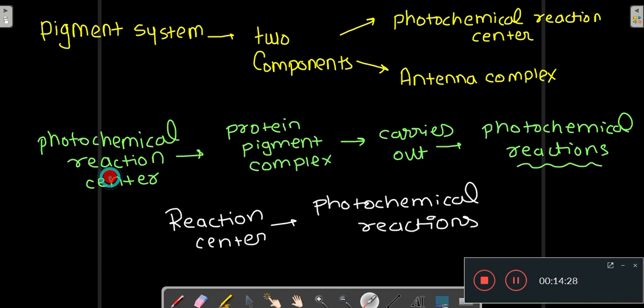The photochemical reaction center is a protein pigment complex that carries out the photochemical reactions. So in your reaction center, the photochemical reactions are taking place.